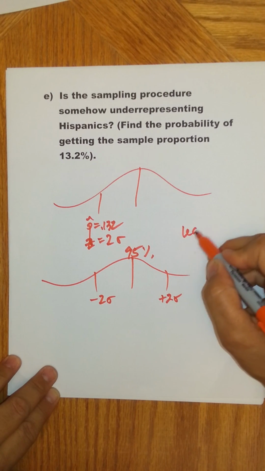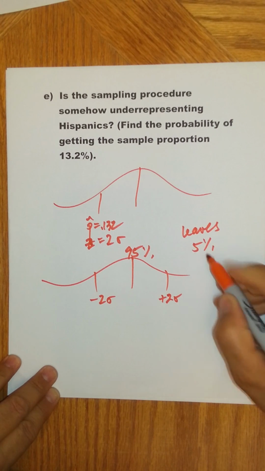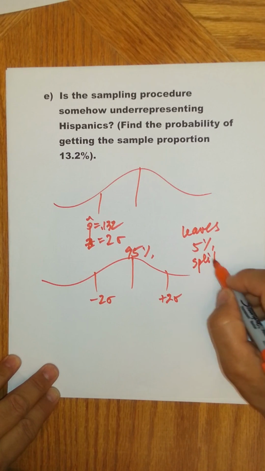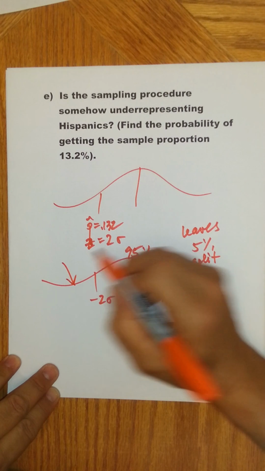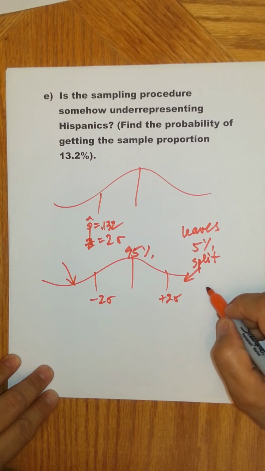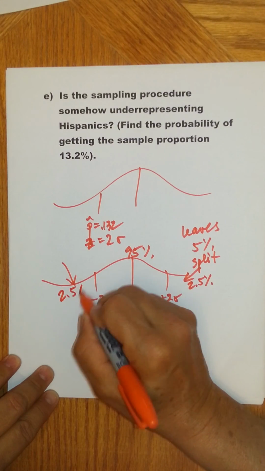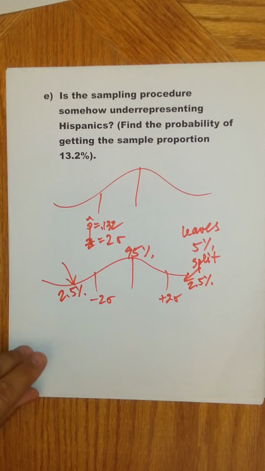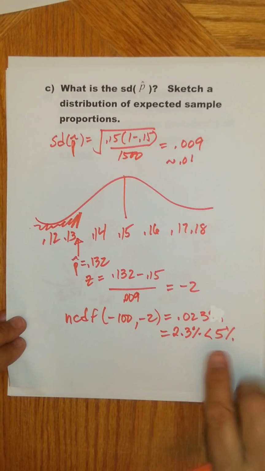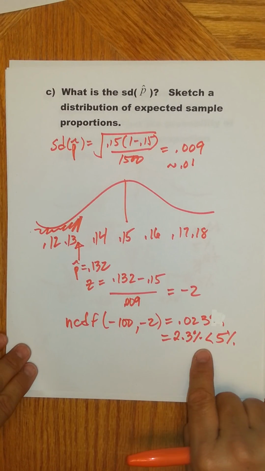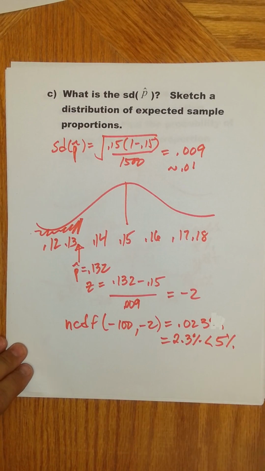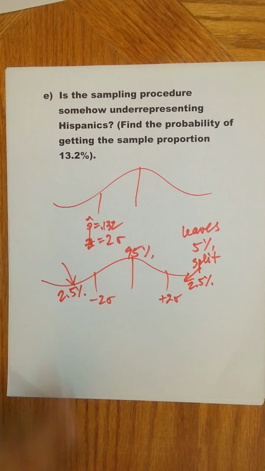So that leaves 5% to be split, part here and part here. If we take 5% and divide it by 2, you'd have about 2.5% here and 2.5% here. This is an approximation. The more precise answer is 2.3%, but 2.5% is a very good approximation using the empirical rule.